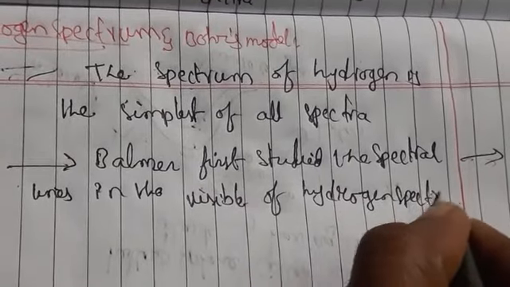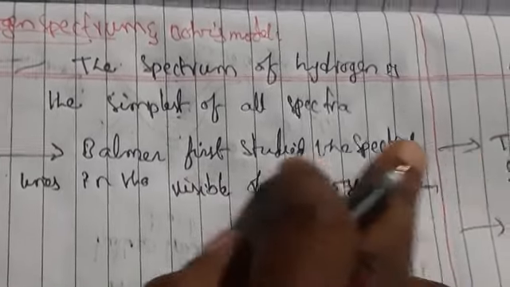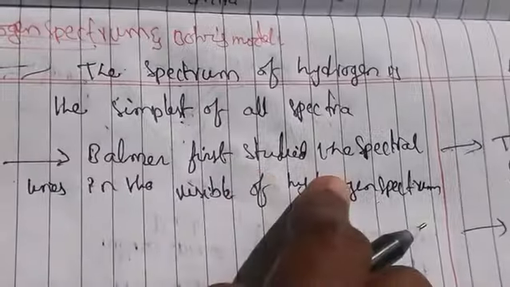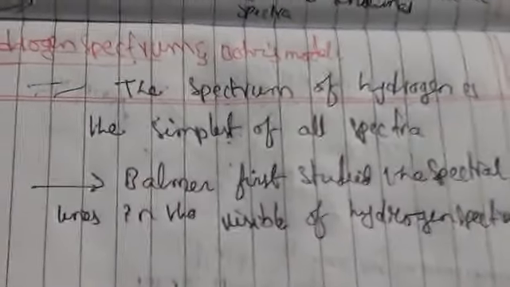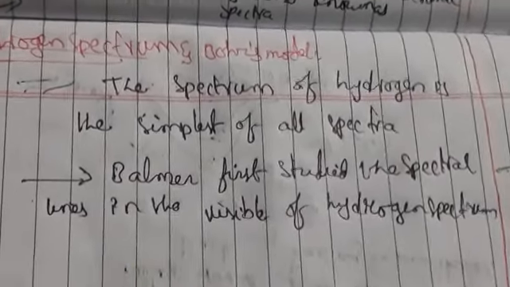So what was first studied in the hydrogen spectrum? Balmer studied the spectral lines in the visible region.